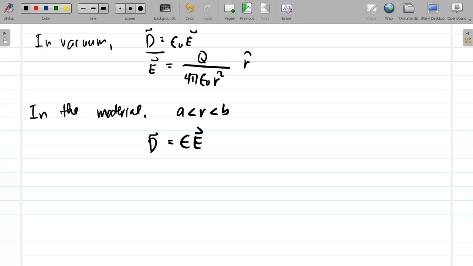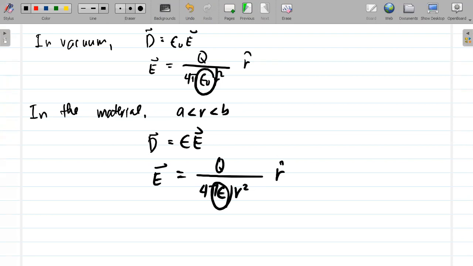Kung vacuum, D equals epsilon not E. In the material, D equals epsilon E. So, bale, E now is equal to Q over 4 pi epsilon r squared r hat. Take note, in vacuum, epsilon naught. In the material, epsilon. So, meron na tayong dalawang region. Yung vacuum sa labas, yung dielectric material, and syempre, yung sa loob ng sphere.